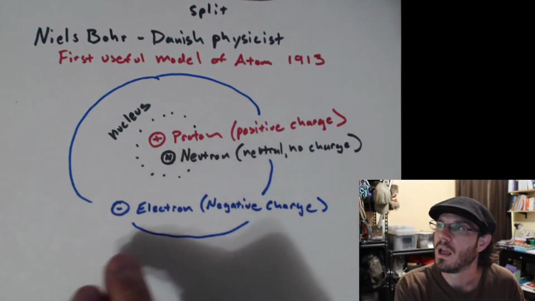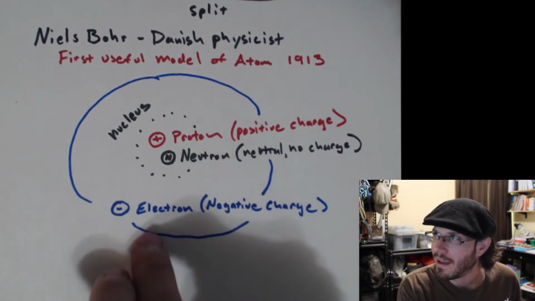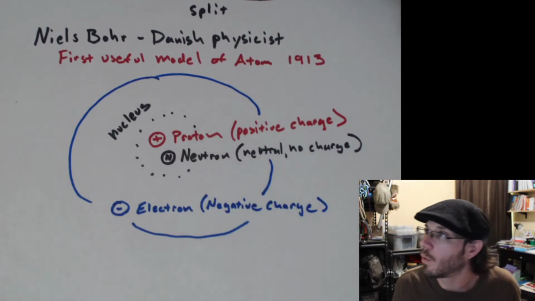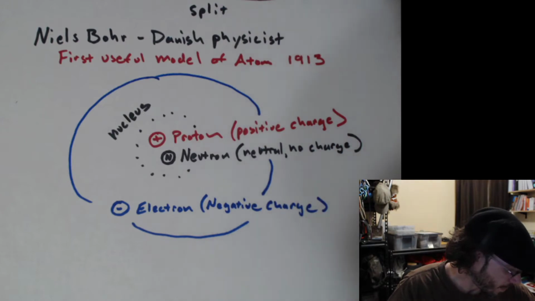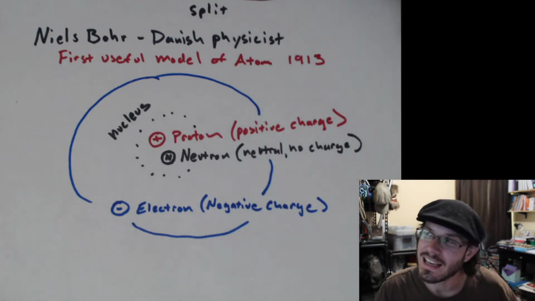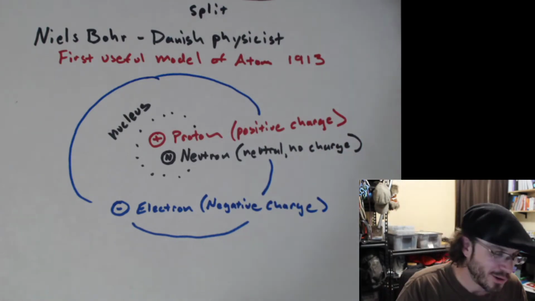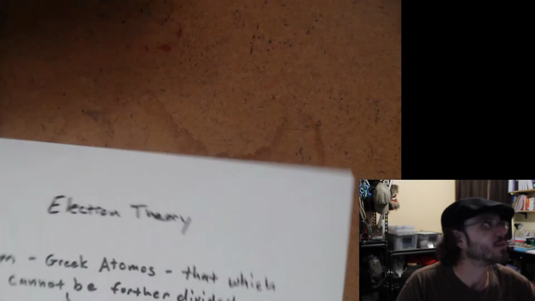Okay. So how do we talk about the organization of this structure? Well, we're going to need a couple of rules. Rule number one. The number of electrons equals the number of protons. I'm going to write this on another paper.